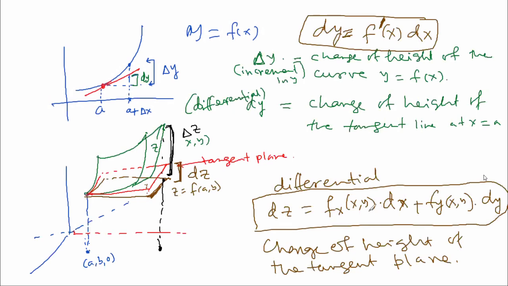So this is at (a, b), it would be the one part, right? So f_x at (a, b), then the rest part will look similar to this. So this is just basically dz. Approximately, because the actual change is delta z, the increment. This is approximate.